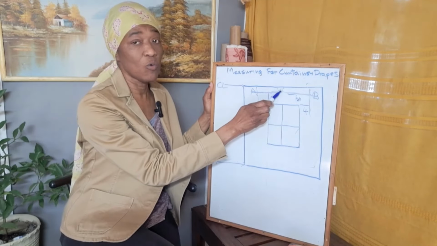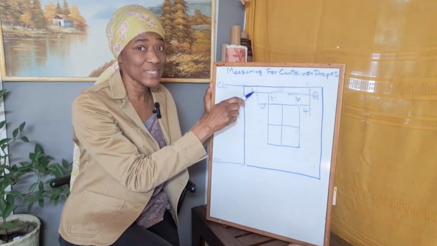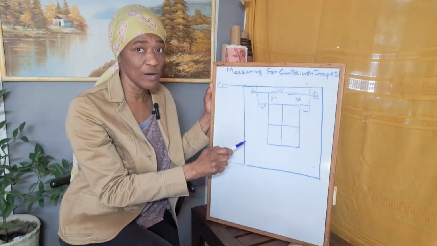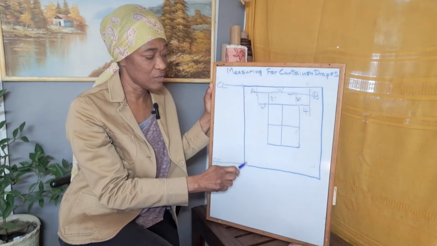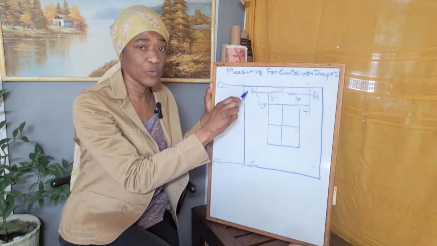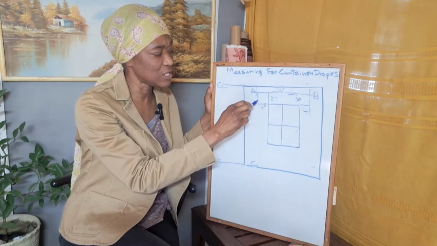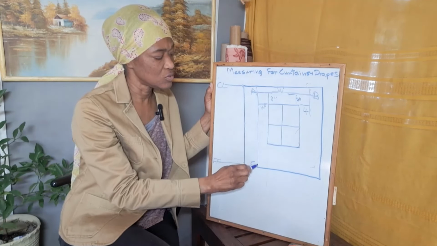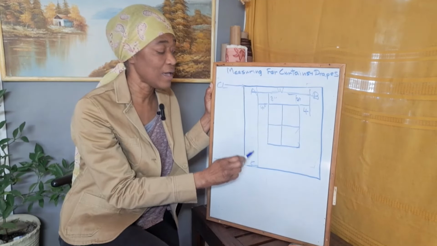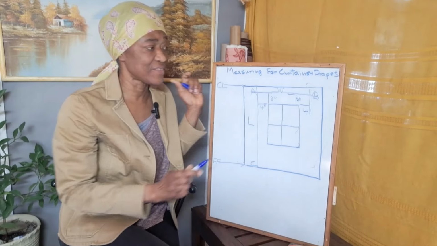Now we have our width here. Our length will be from point A. If we're going to finished floor length curtains, then this would be point C. So we measure from point A all the way down to the finished floor, which is point C, and that will be our length.